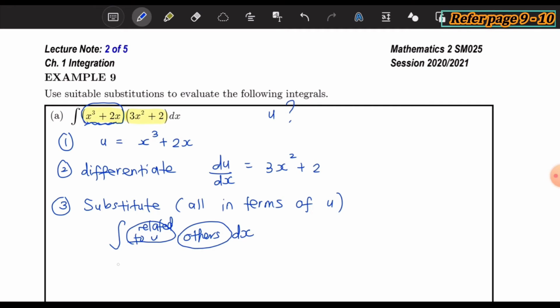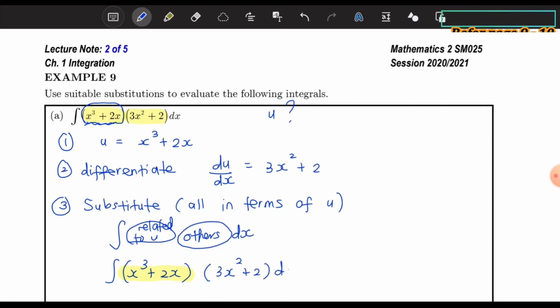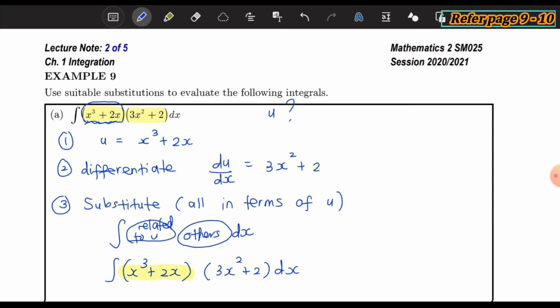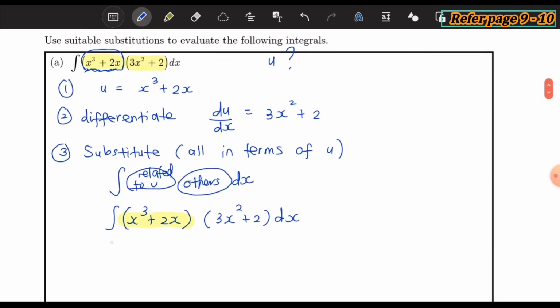So for this case, I will write integrate x cubed plus 2x. Okay, so this is the function related to u. And the next one is 3x squared plus 2 dx. So this is the other functions. Now we will substitute all in terms of u.